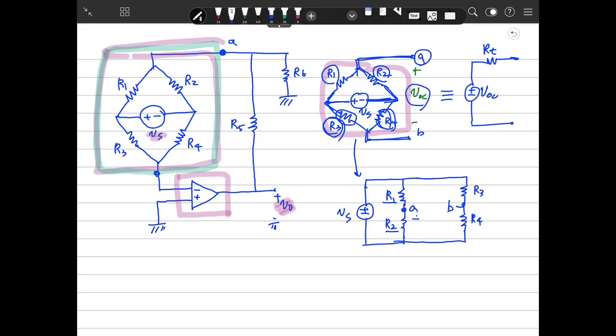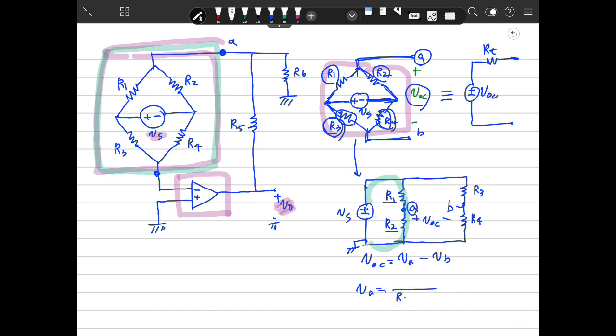So VOC is here. VOC is VA minus VB. What is VA? We define the minus side as ground. Now VA is a voltage division of these paths.